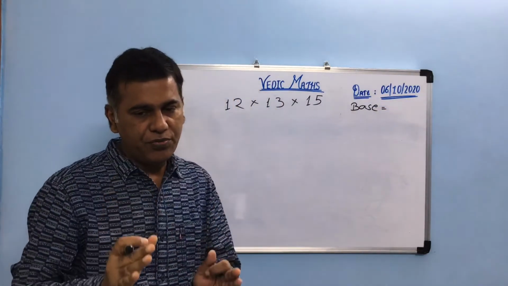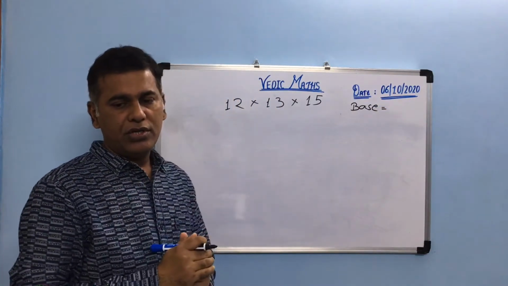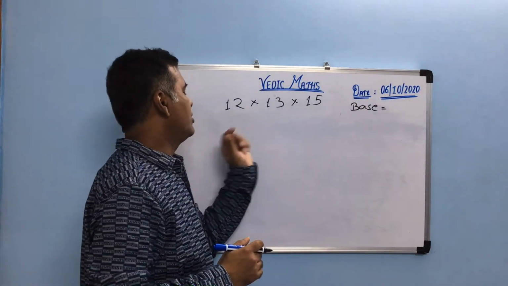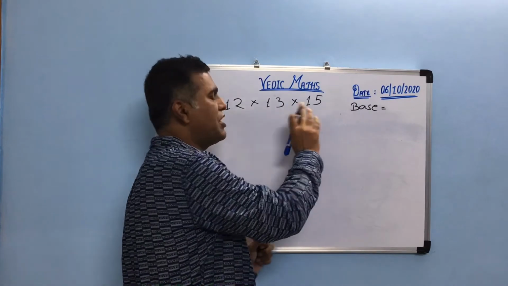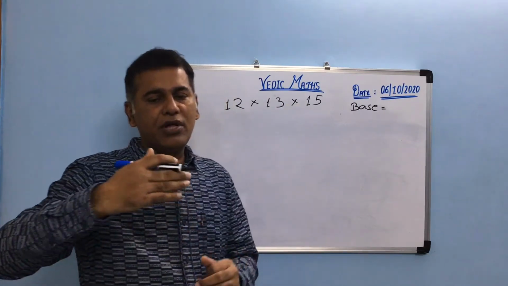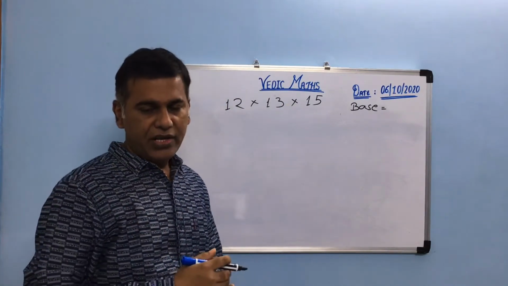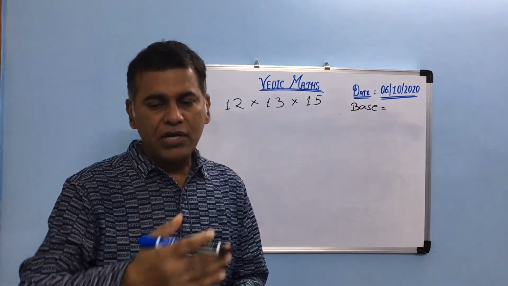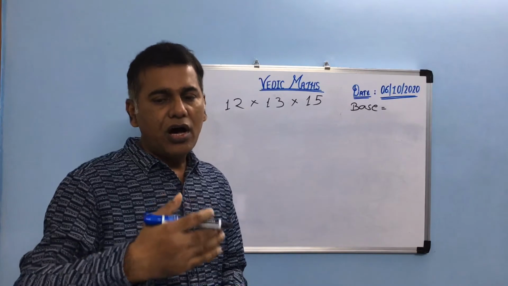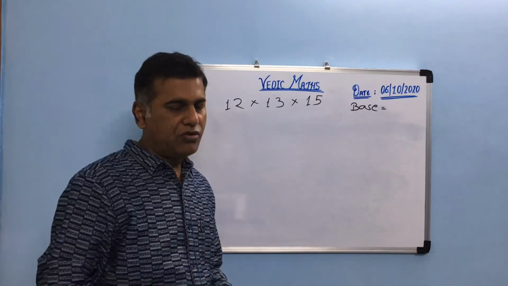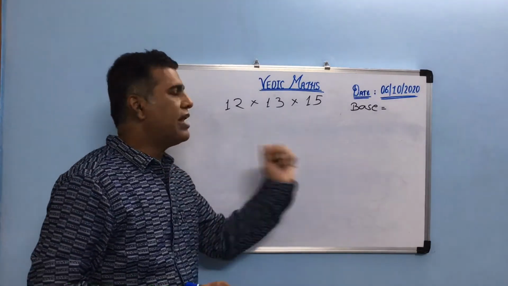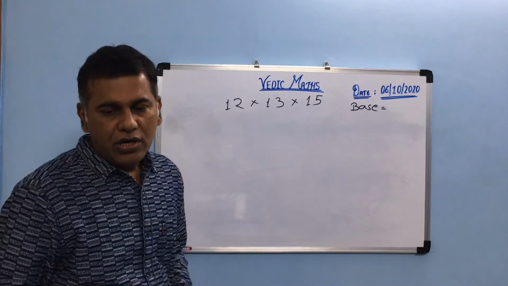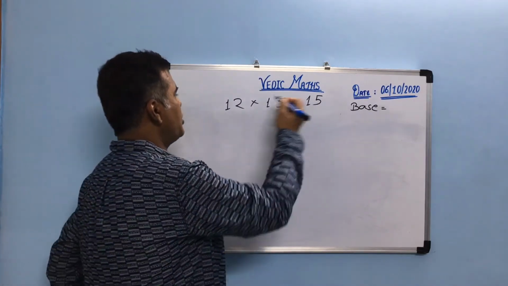This principle is only applicable if the numbers are nearer to 10, or nearer to 100, or nearer to 1000, or nearer to 50, 500 or 5000. In that case we can apply this method. First we will try to understand this thing.